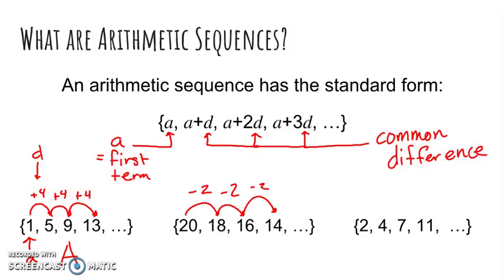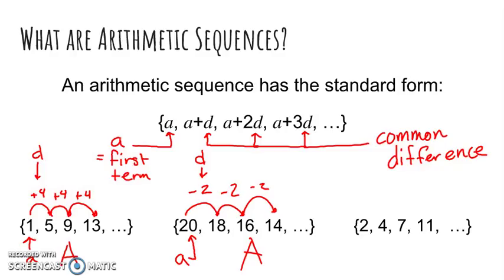Again, this is arithmetic. I'm adding the same number over and over and over again. It just happens on this one that's negative, and that's fine. So this is also arithmetic. My A for this sequence would be 20, and my common difference would be a negative 2. Okay, so on this one here, where we were adding numbers to each one, we had a common difference of a positive 4. This one here, we're adding negatives, so our common difference is a negative 2.